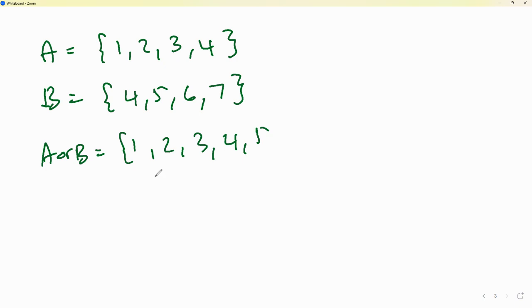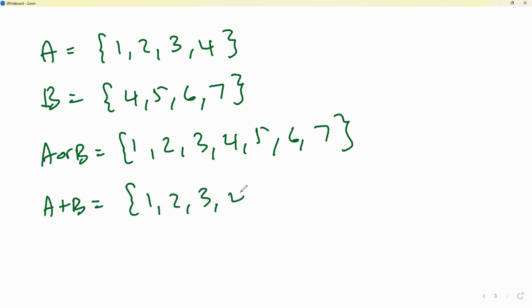Now, what is A plus B? That's a different idea. This is where you have the repeated part. So A plus B is going to be 1, 2, 3, 4, 4, 5, 6, 7. But A union B removes the repetition.